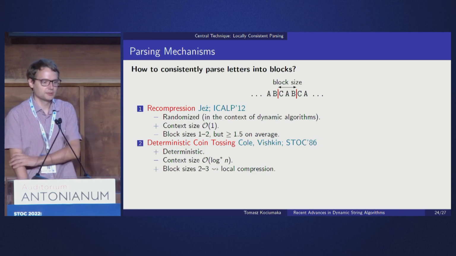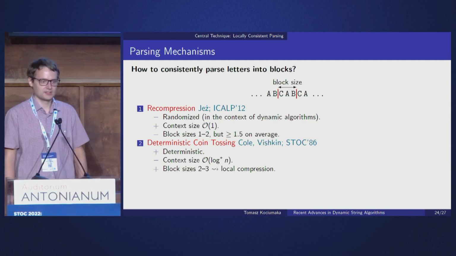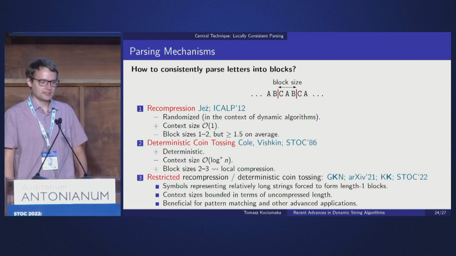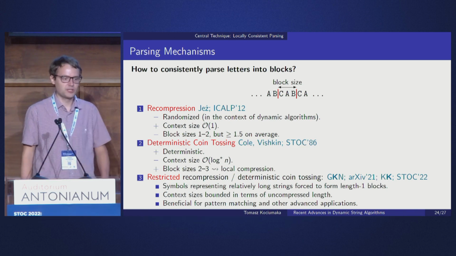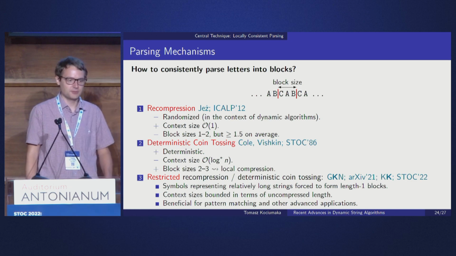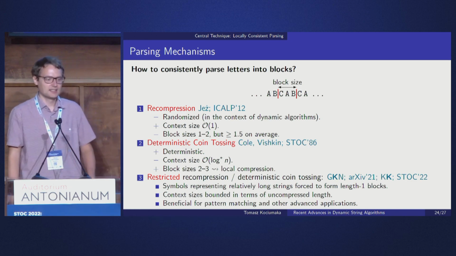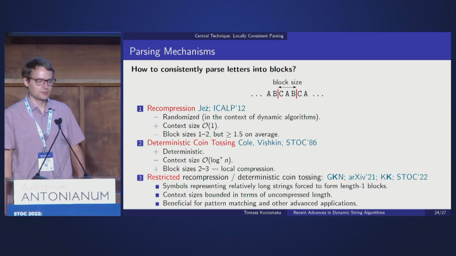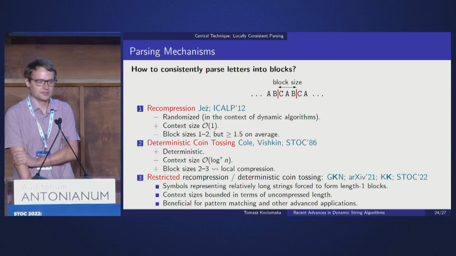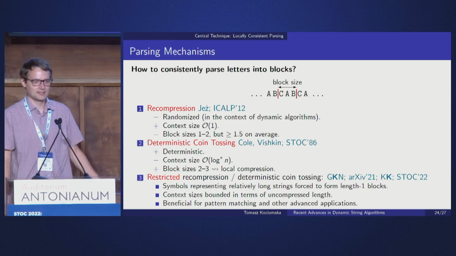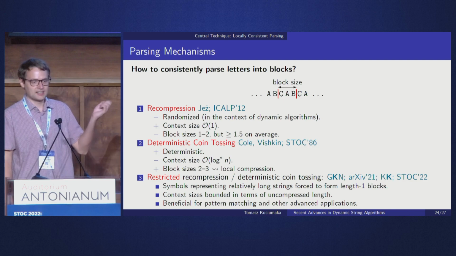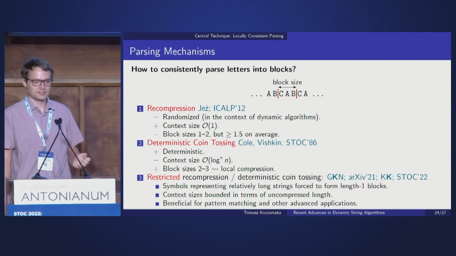So these are the two techniques. At some point we were hoping that the compression would always be faster, but it's not the case. And more recently, it turned out that for some applications, these techniques need to be tweaked a little bit. Namely, when we are looking at the context sizes, sometimes these context sizes cannot be just measured in terms of the length of symbols in this string, but we also need to look into how these symbols expand, because these symbols, at a higher level of the parse tree, represent some longer substrings.